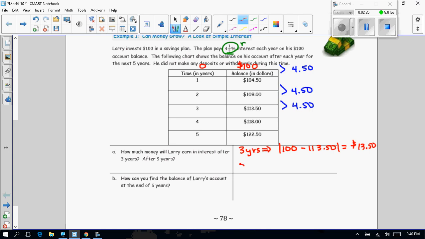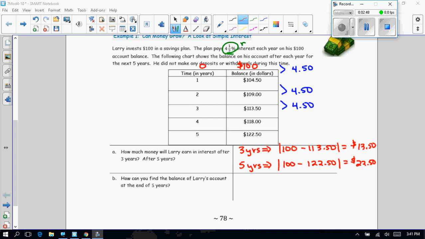In 5 years, again, he started with $100, and in 5 years, it's worth $122.50. And so he made $22.50 just to let it sit there, right? Maybe your parents, the day you were born, opened an account and it's just been sitting there for years and years and years, right?